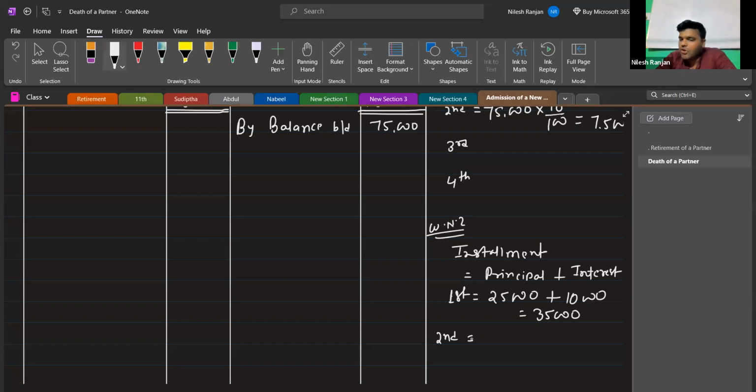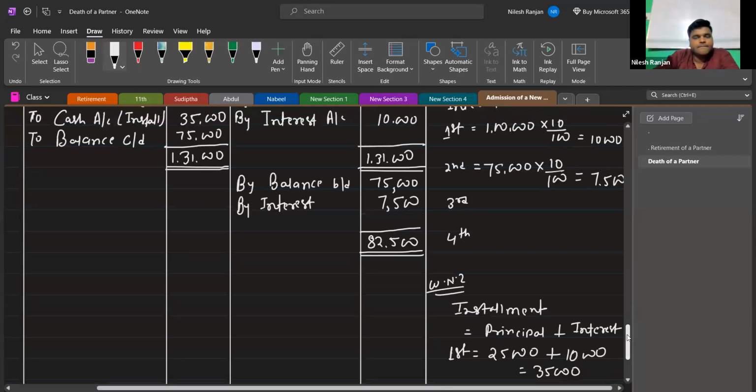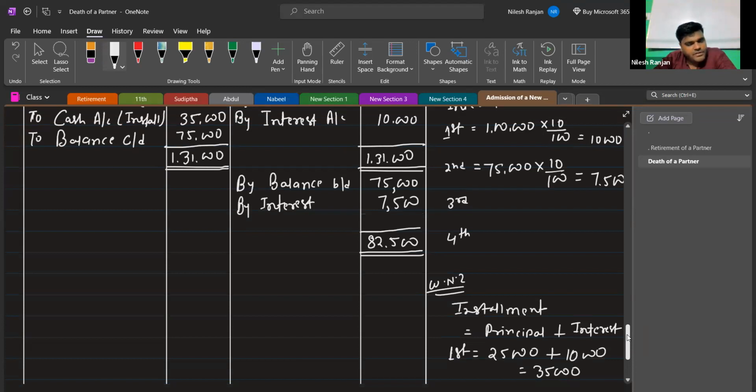What will be the second installment amount? 25,000 plus 7,500.